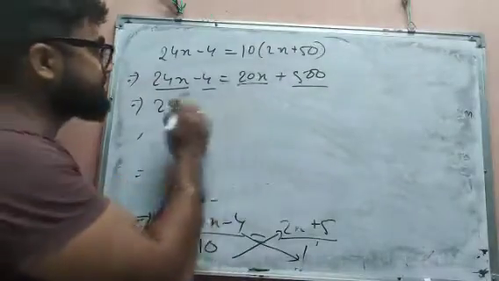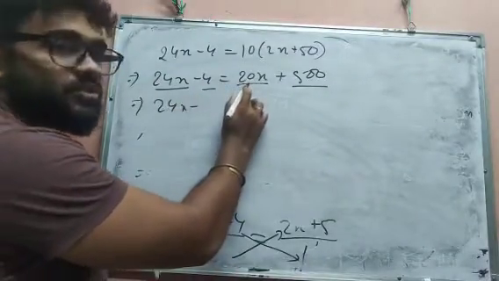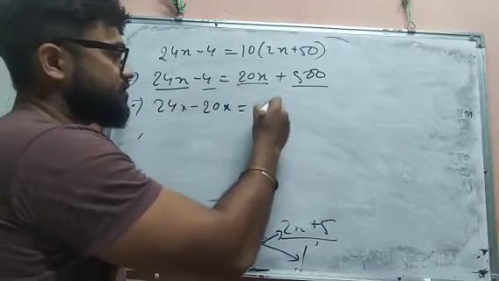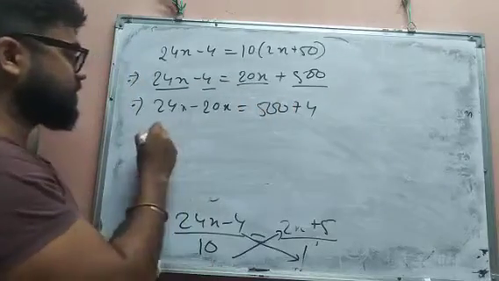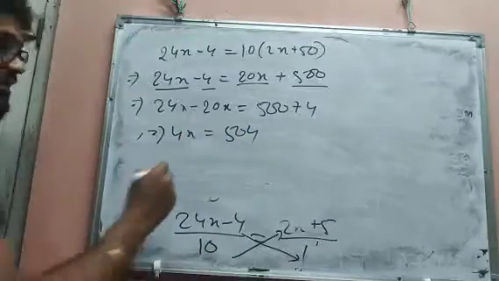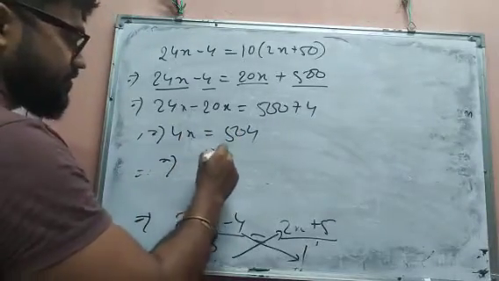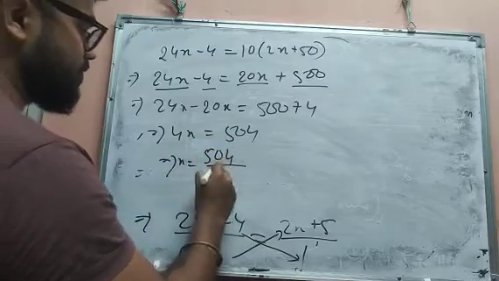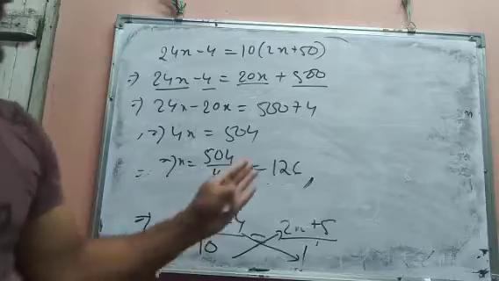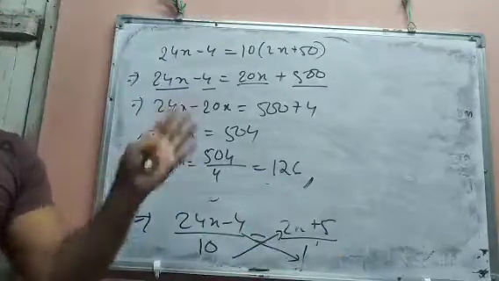Here it is 20x, bring it to the left hand side, here it is positive, so it becomes negative, here it is negative, so this one becomes positive, or 4x equal to 504, or x value we will get 504 by 4, or you will get 126, which is our unique solution for that given linear equation.